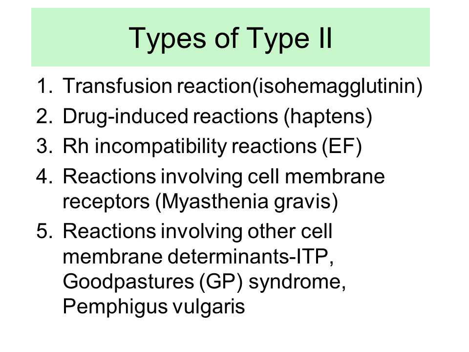And that's why you see over here drug-induced reactions, if they're haptens, rhesus incompatibility, reactions involving cell membrane, myasthenia gravis, and then some other diseases like idiopathic thrombocytopenic purpura (ITP), Goodpasture syndrome, pemphigus vulgaris, very nasty conditions that are very difficult to treat. They involve tissue injury, and many of them are still being discussed.